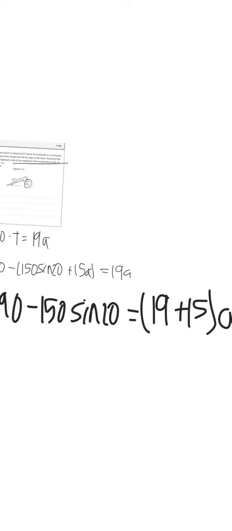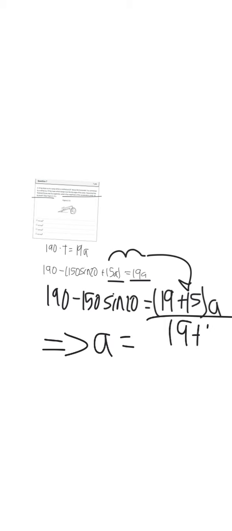Because we see that we have an a here and an a here, we combine them and take out the common a. So now this is equal to a, and we're solving for a, so basically we divide by 19 plus 15 here and divide by 19 plus 15 here.